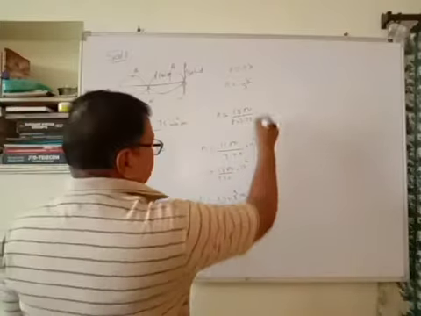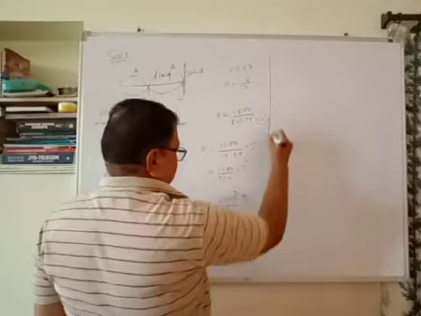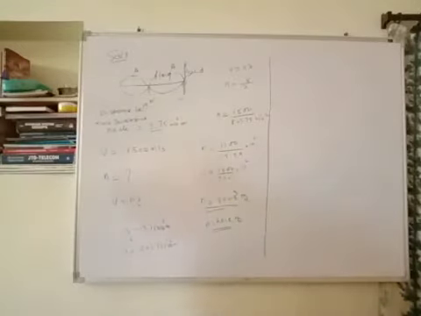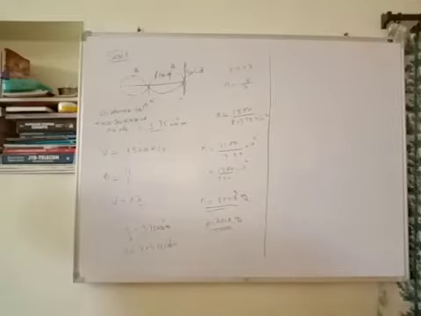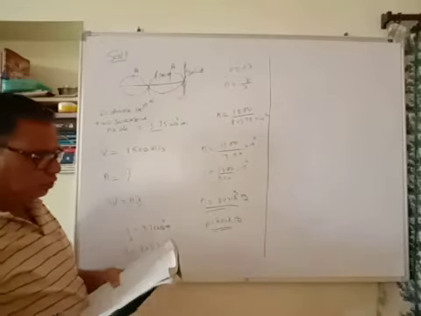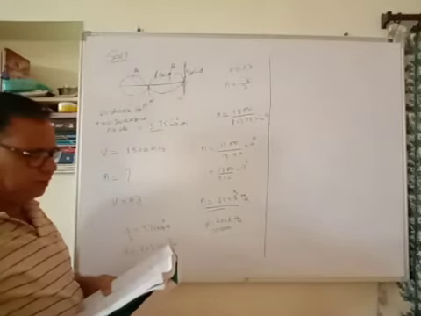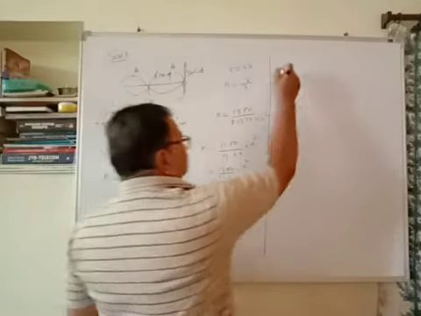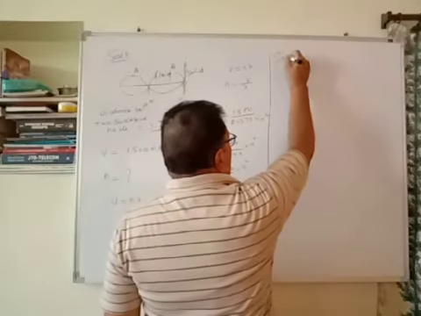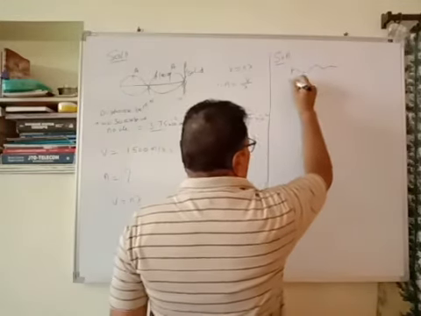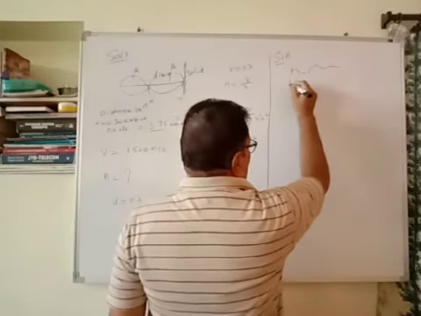Let us solve the second problem. Next problem. Two sound waves travel at a speed of 330 meters per second. We have two sound waves, first sound wave and second sound wave.